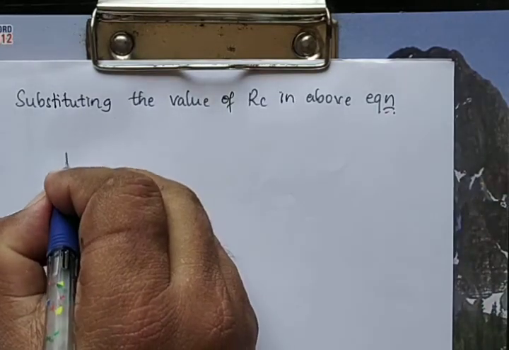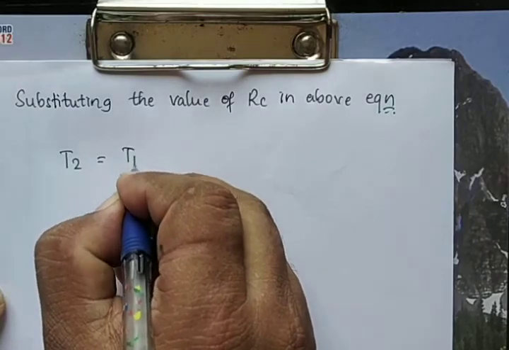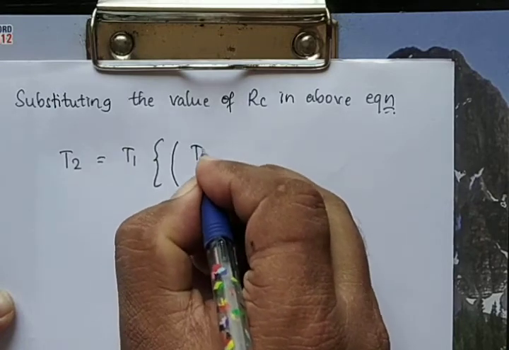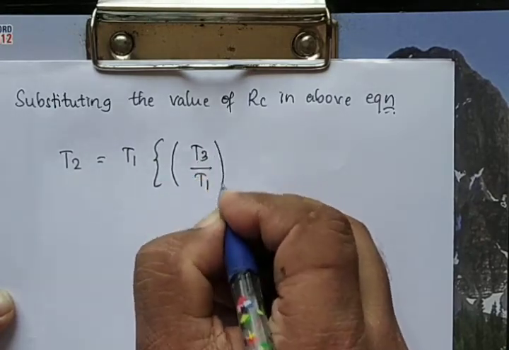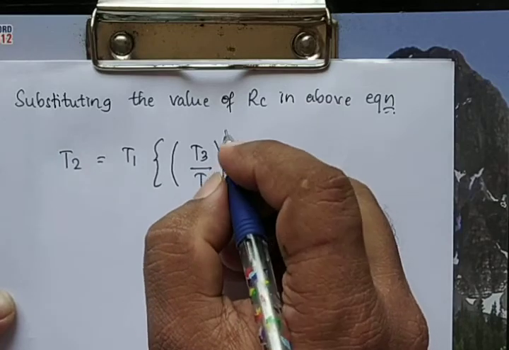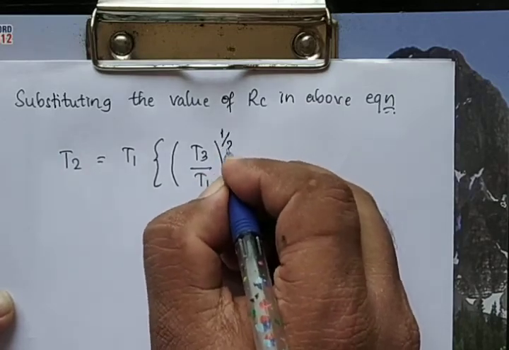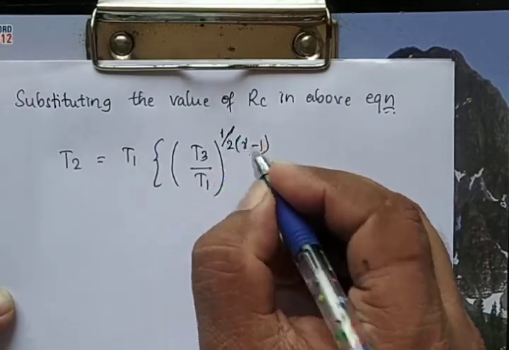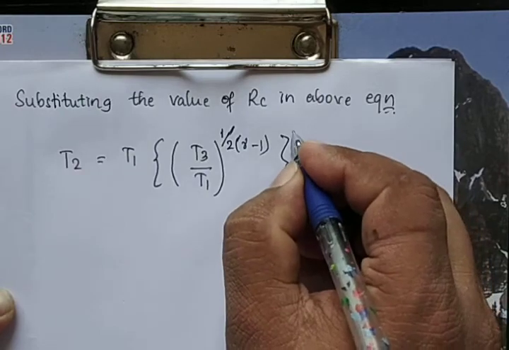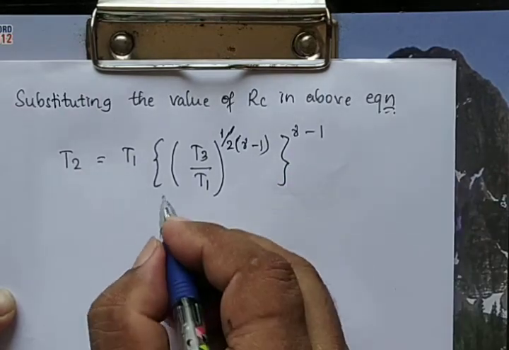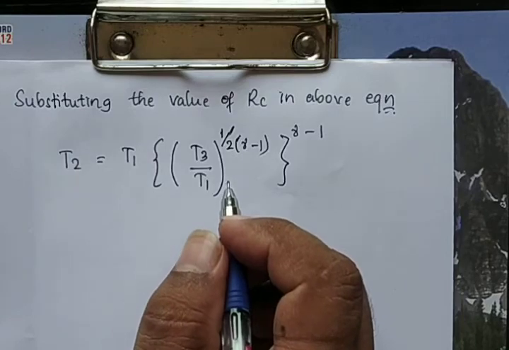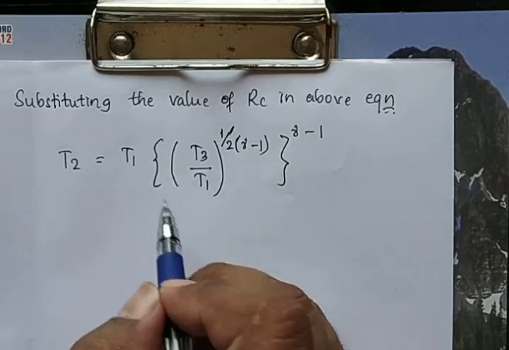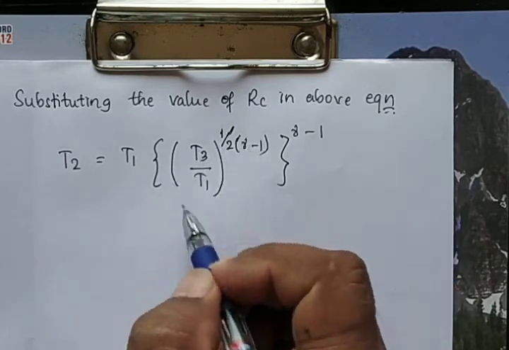I get T2 equal to T1 into the bracket T3 by T1 whole raised to 1 by 2 into bracket gamma minus 1, whole raised to gamma minus 1. So I have substituted the value of RC in the equation of T2, that is, T2 equal to T1 into bracket RC to the power gamma minus 1.